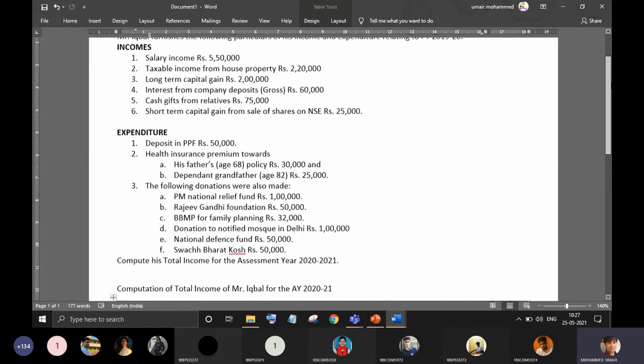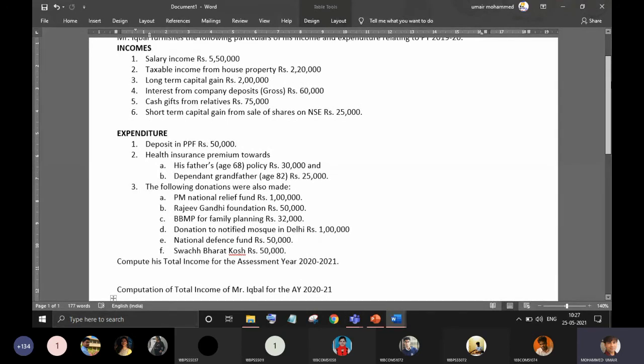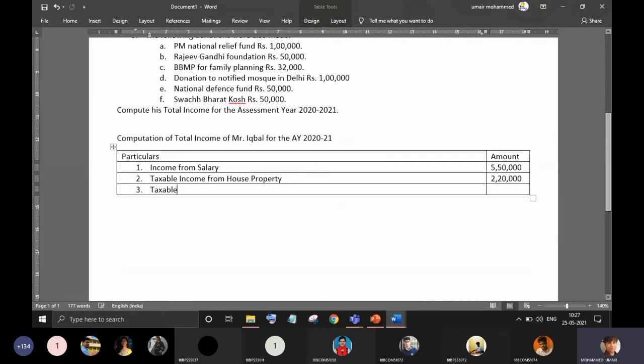Next you have long-term capital gains 2 lakhs. So taxable long-term capital gains 2 lakhs.